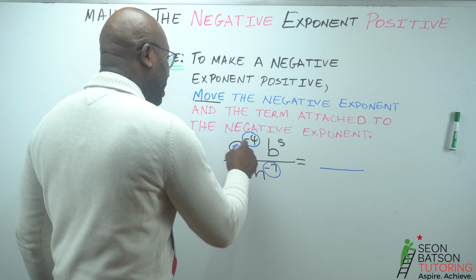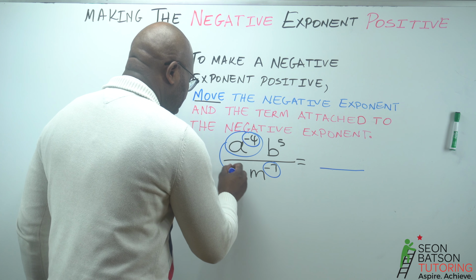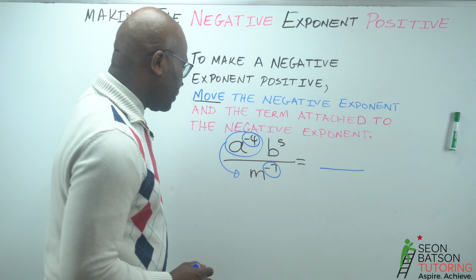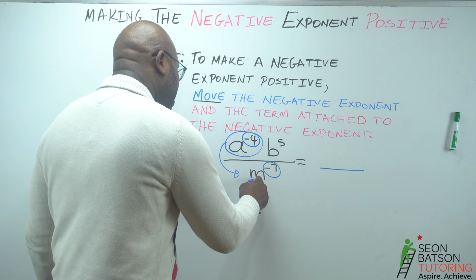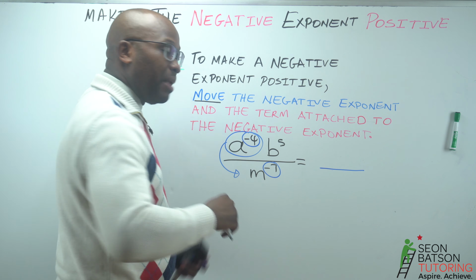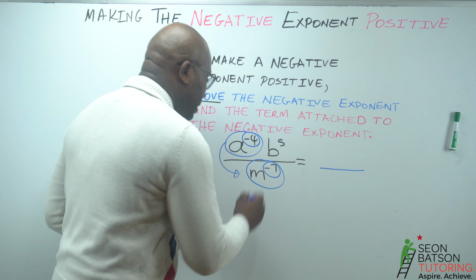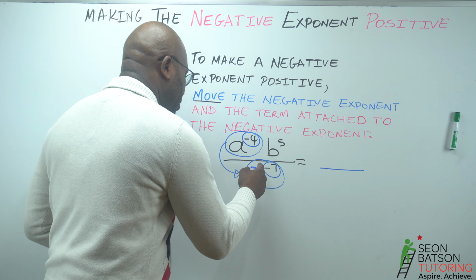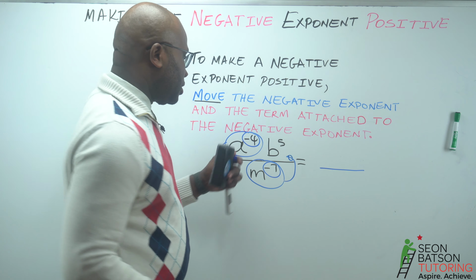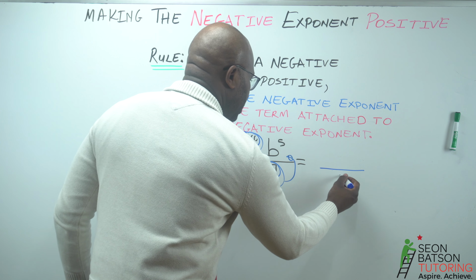Yes? So to make this 4 positive, we will move the -4 and the a down to the denominator. And in the denominator, we have -7. So to make this 7 positive, we will simply move the -7 and the m, since the -7 is attached to the m, up to the numerator. It's just a move.